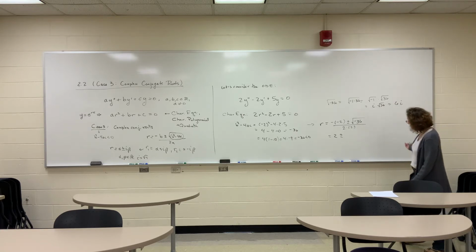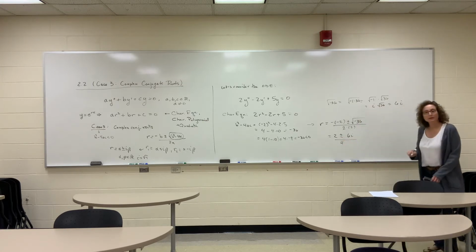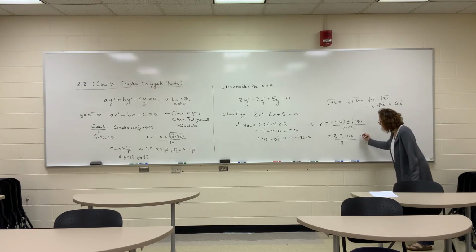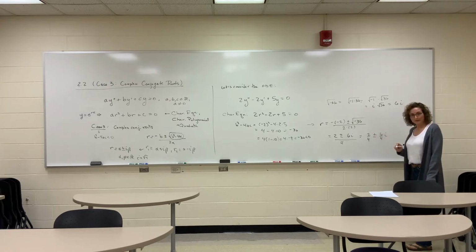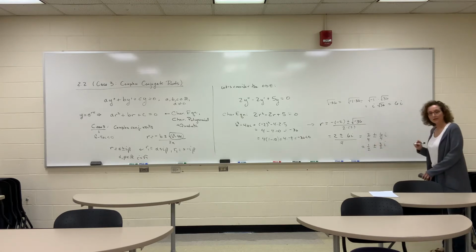Okay, so what do we have here? 6i all divided by 4. Then we have 2/4 plus and minus 6/4 times i. 2/4 simplifies, that's 1/2 plus or minus 3/2 times i.